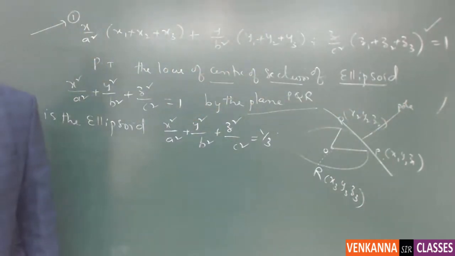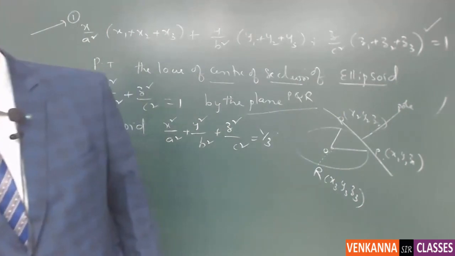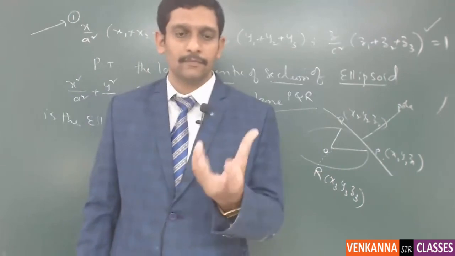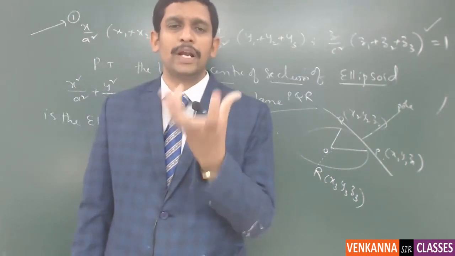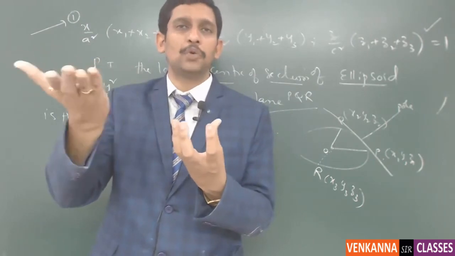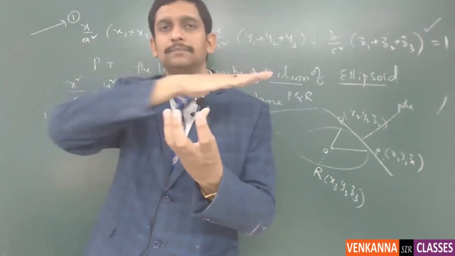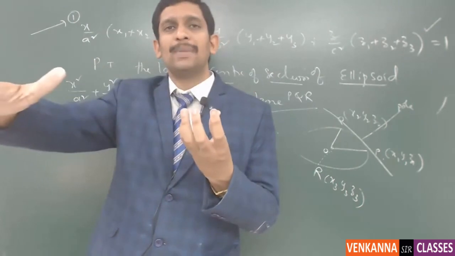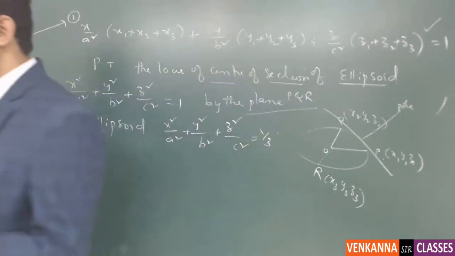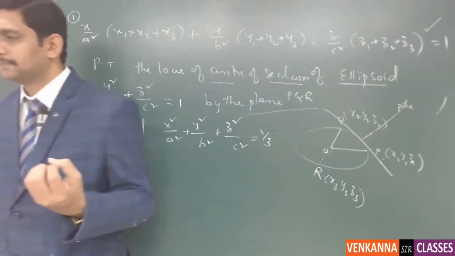You just imagine the case that suppose you have taken a ball. Say this is an ellipsoid, the ball. You take a knife, the plane PQR, you chop it. Then what happens? You will get a section, isn't it? Yes or no?